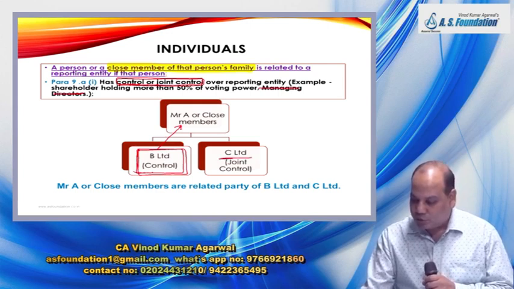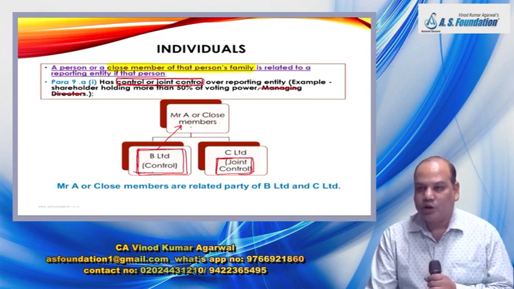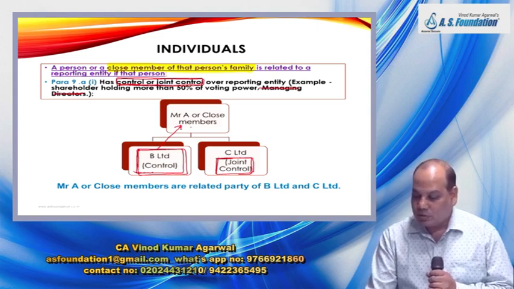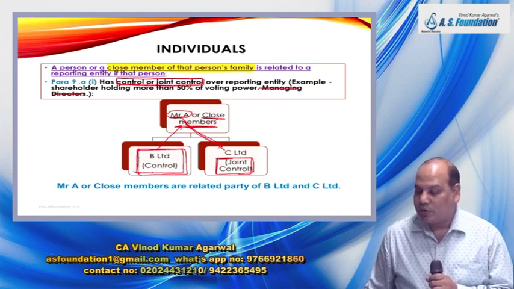And suppose C is a reporting entity, C will identify who are the entities who have joint control over me. Suppose Mr. A has a joint control. So Mr. A and all close family members of Mr. A will become related parties of C. So they have to make this list first under each paragraph.